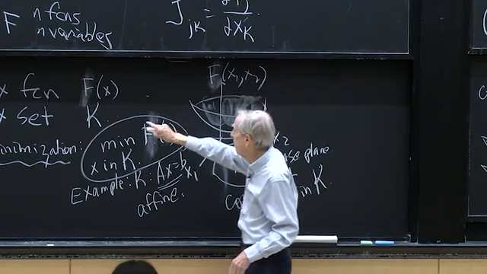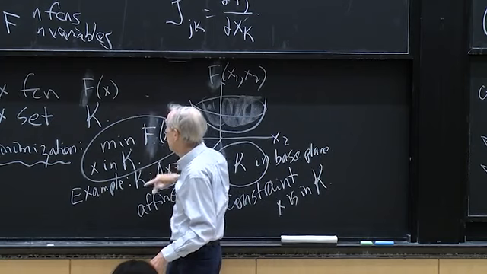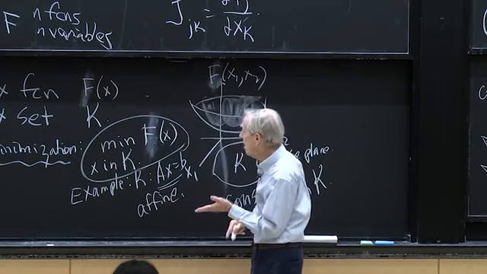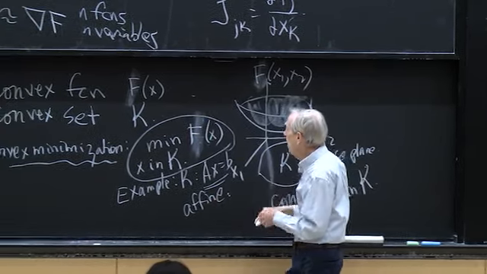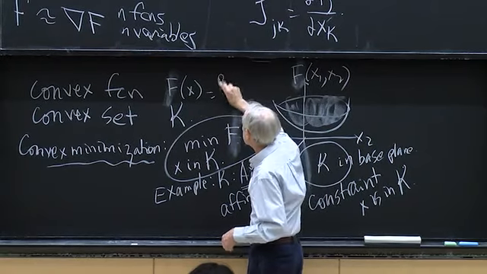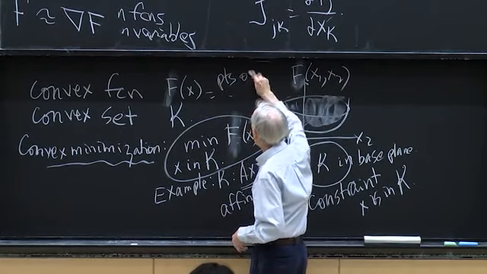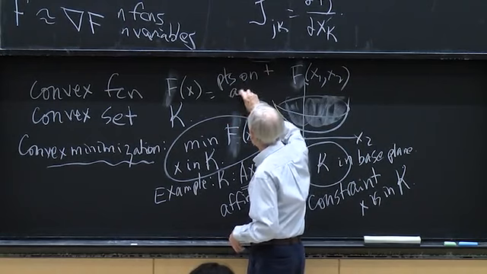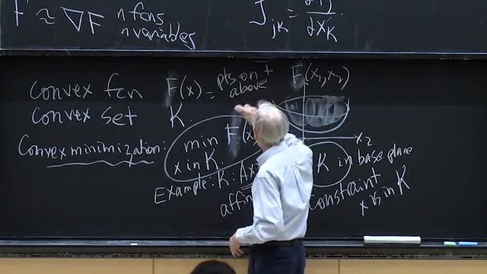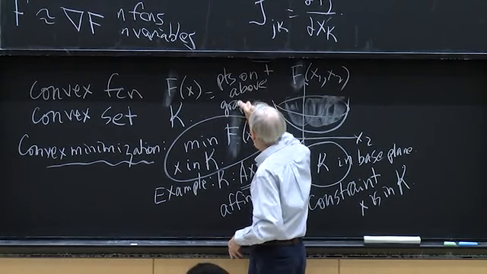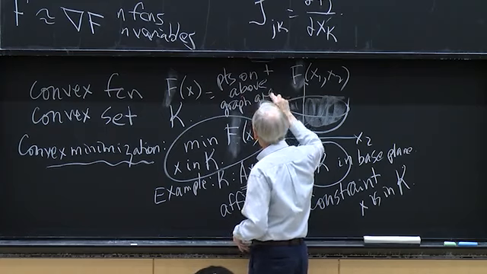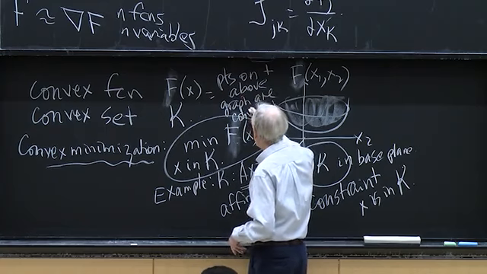So a function is convex when the points on and above the graph are a convex set.